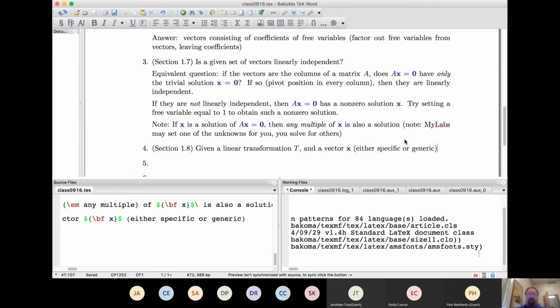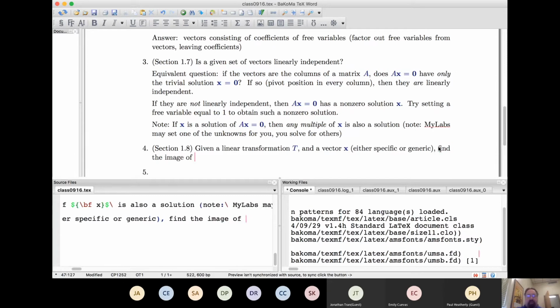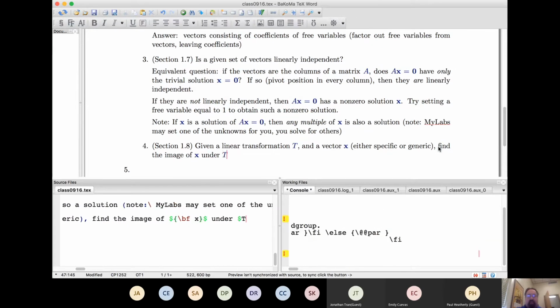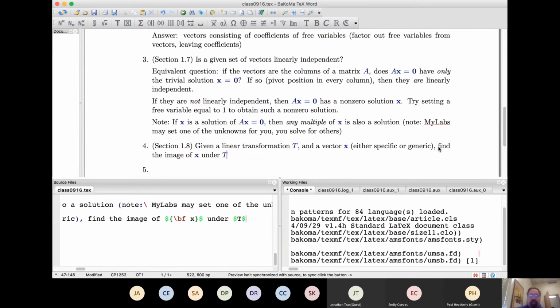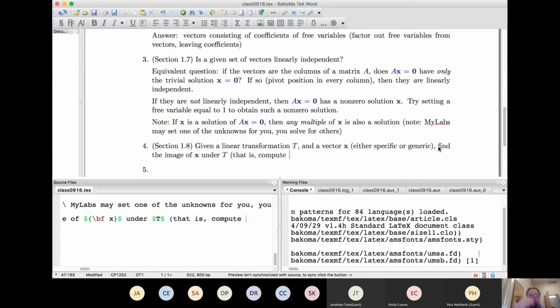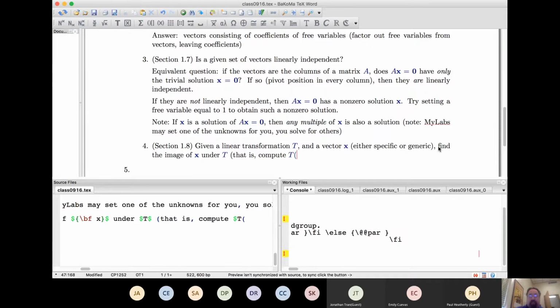You would handle either case the same way: find the image of x under the transformation T. Really what you're doing is just substituting x into the linear transformation.